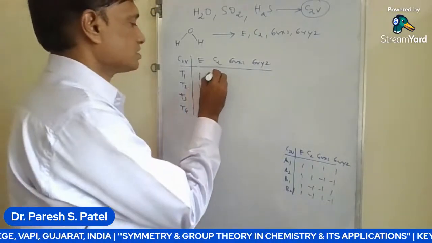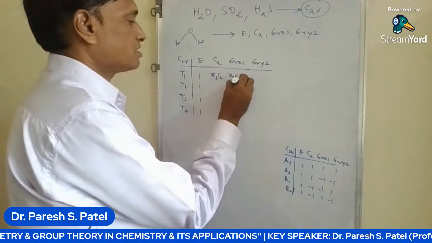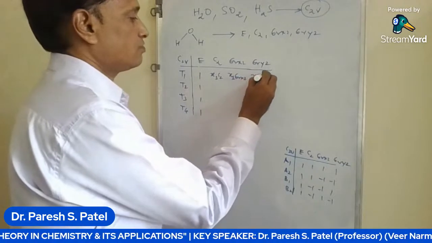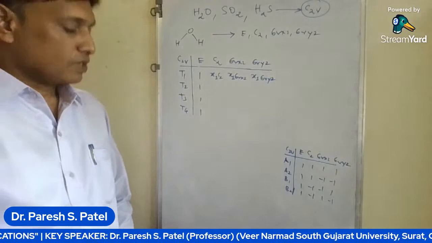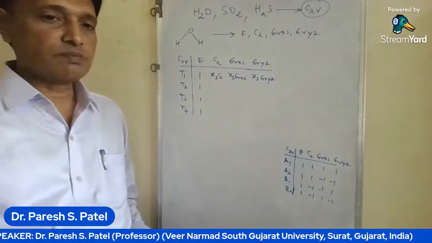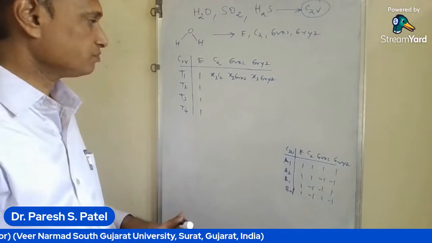Suppose this one is character 1 for E, character 1 for C2, character 1 for sigma Vxz, character 1 for sigma Vyz. Rule number 3: the sum of the square of the characters is equal to the order of a group.